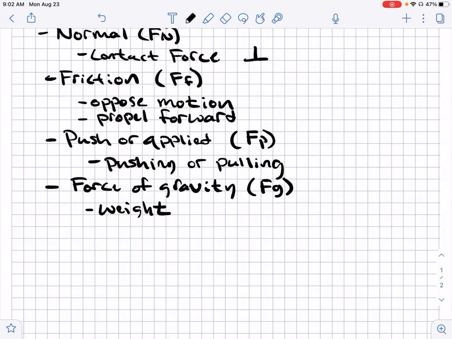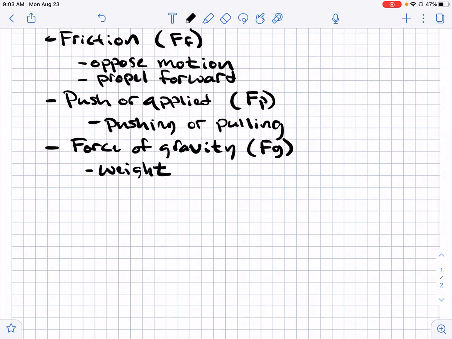There's actually an equation specifically for this gravitational force. That equation is F subscript G is equal to mg. The m here is the mass of the object. That needs to be in kilograms.